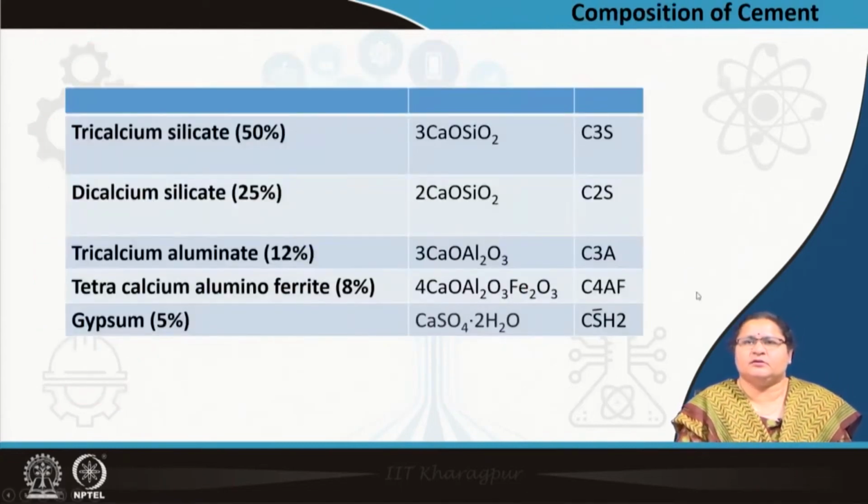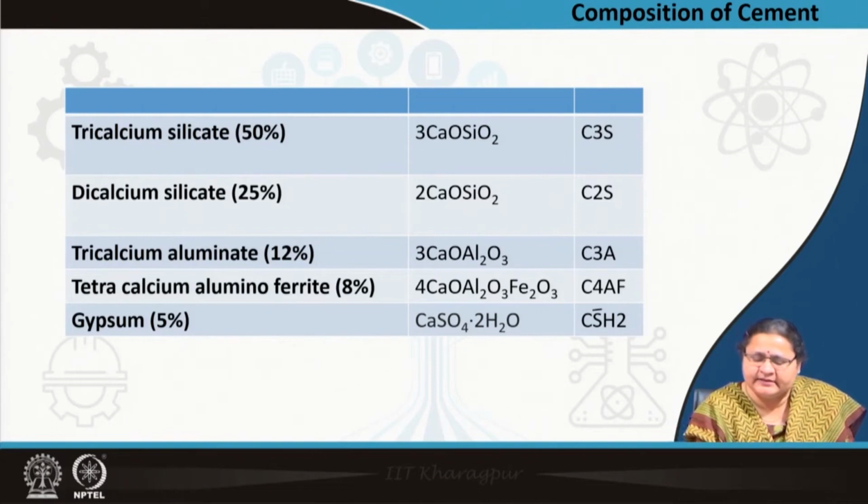Now, coming to the composition of cement, of which one is gypsum, you have all known, but what are the other formations of those stones which you have added? They have formed finally tricalcium silicate, dicalcium silicate, tricalcium aluminate, tetracalcium aluminoferrite. Now, here you see it is 3CaO.SiO2 and it is abbreviated as C3S.